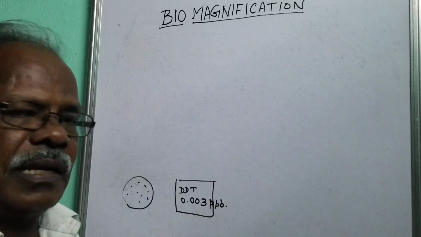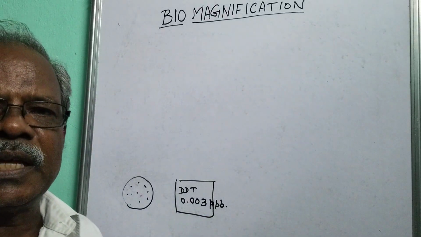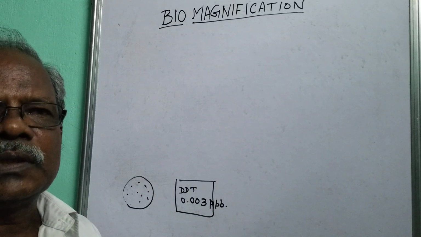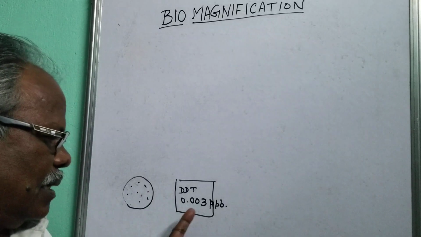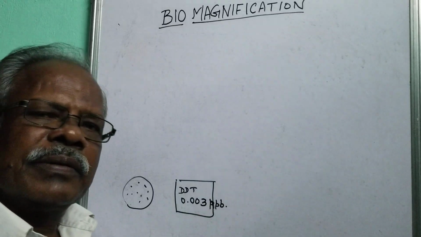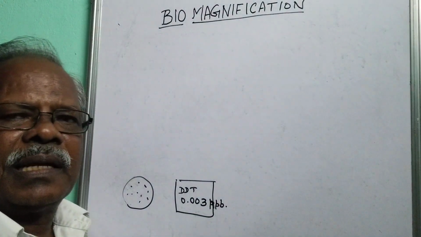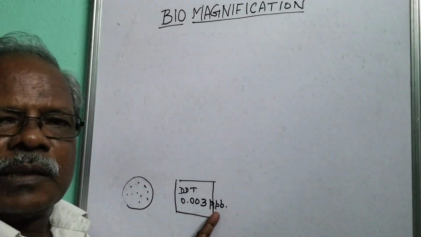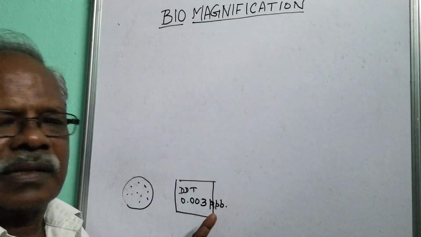Parts per billion means 1 liter of water is divided into a billion parts, and 3 parts per billion. So we go from million to million, that is billion. So 0.003 parts will be there in water.